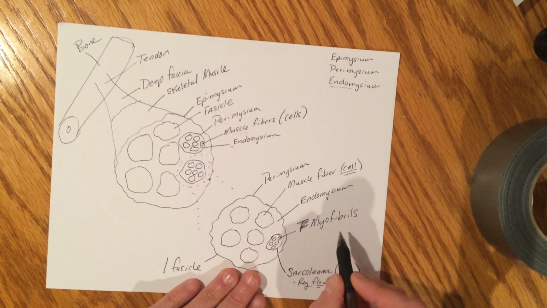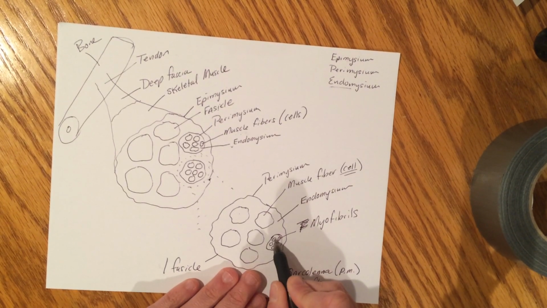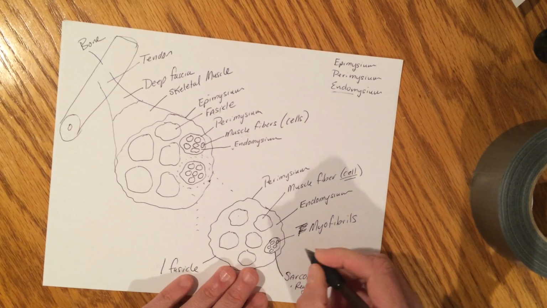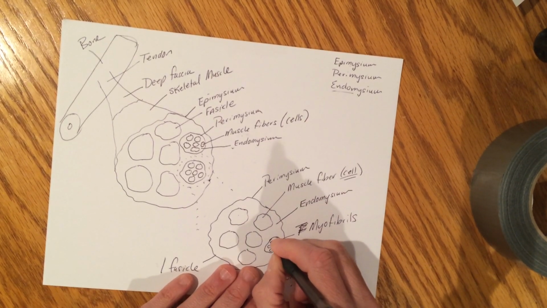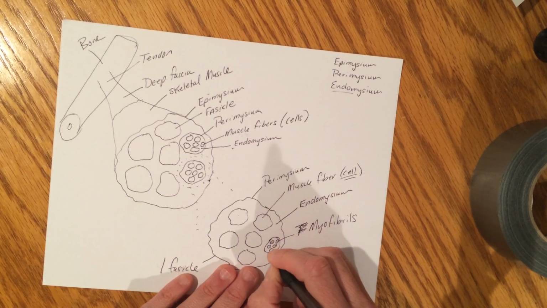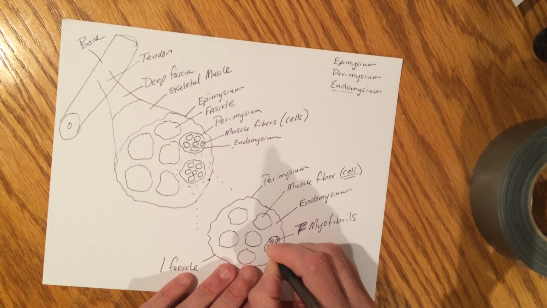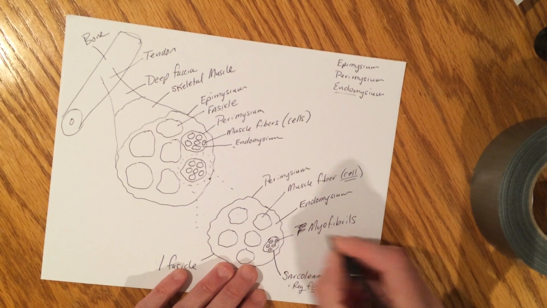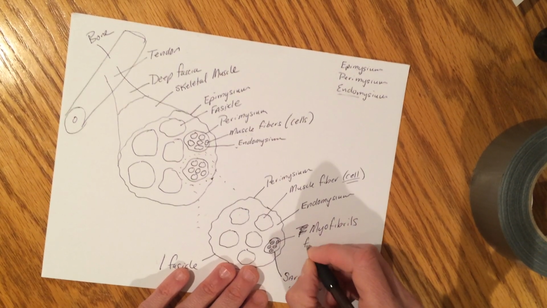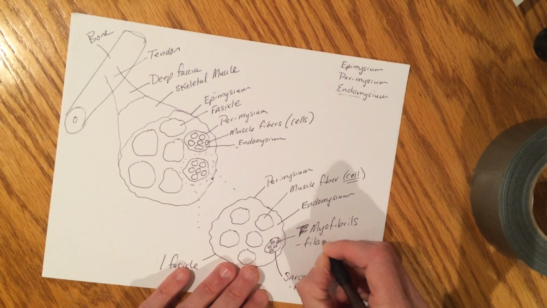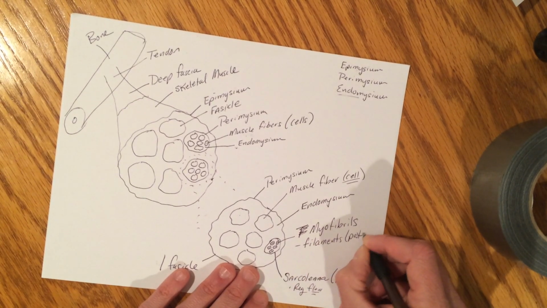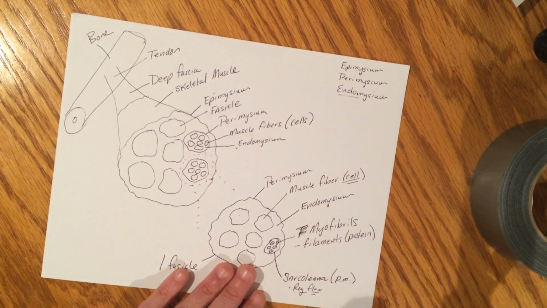Now, let's talk about these myofibrils, these individual functional units of the muscle fiber itself. Inside of there, just put some dots. There's stuff in there. Another level of subdivision. I know it's crazy. Inside of a myofibril are the actual filaments. And these are protein. And those you should already know.